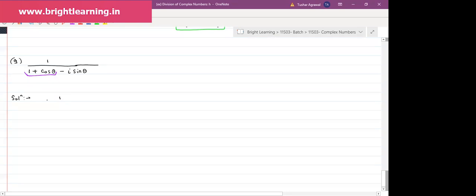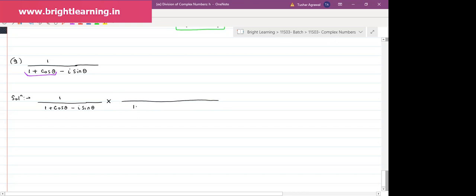This is 1 upon x plus iy, where x is 1 plus cos theta and y is negative sine theta. This is something like x minus iy, so we multiply by x plus iy. Yes or no?